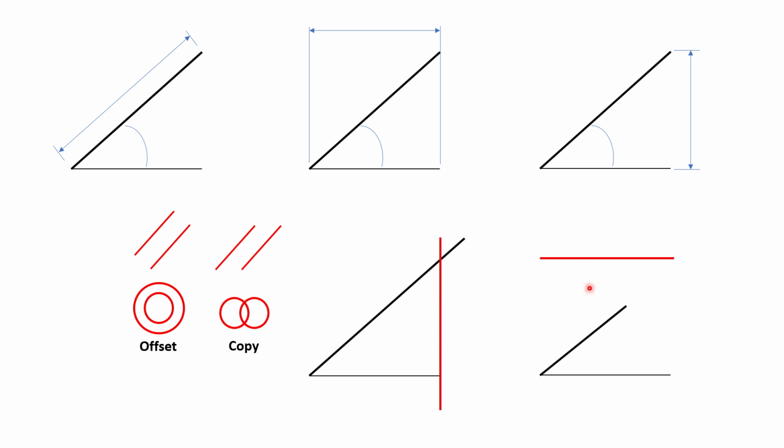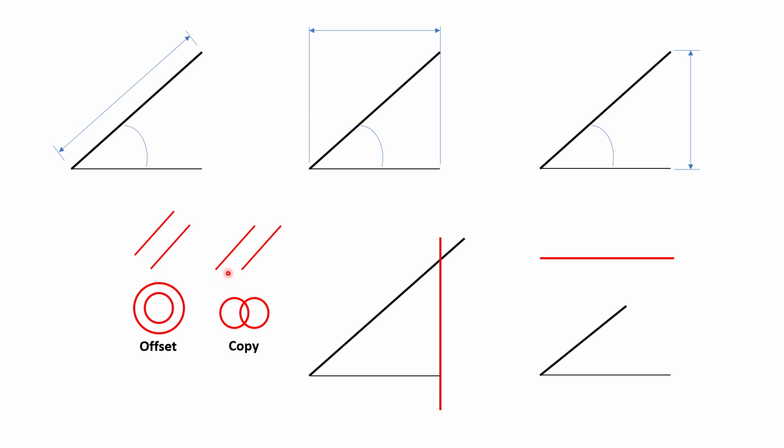However, if this is a line at an angle like this line, copy and offset will work slightly differently. With offset, you can see in here, from here up, it will move at the angle normal to this line, perpendicular to this line. So it will copy this line at this angle up.